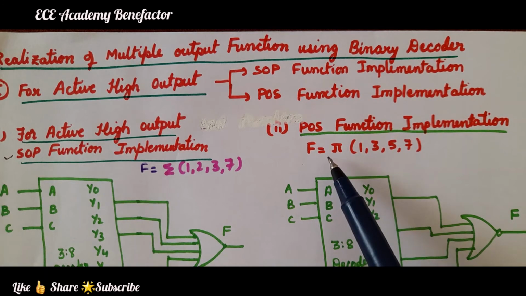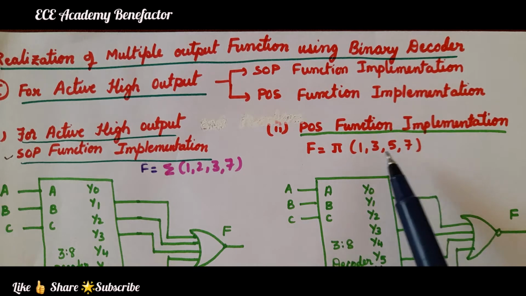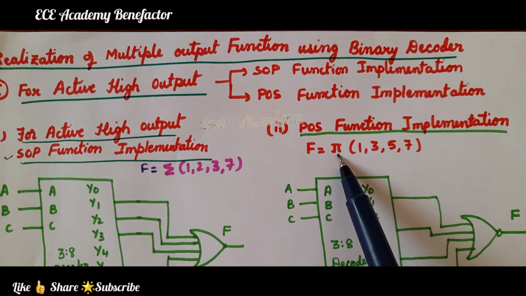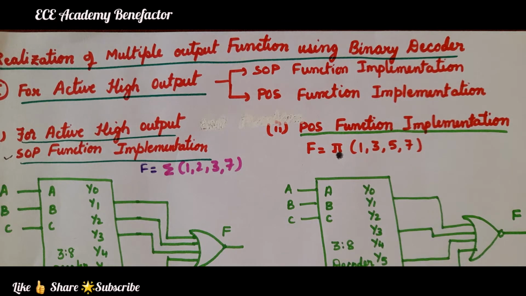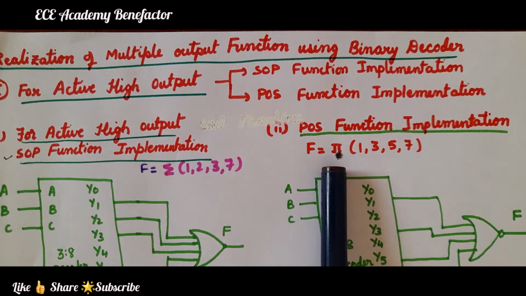Another function is of type f is equal to pi of 1, 3, 5, 7. This pi indicates list of max terms, and list of max terms means it is POS function. So, SOP function is denoted by summation and POS is denoted by pi.